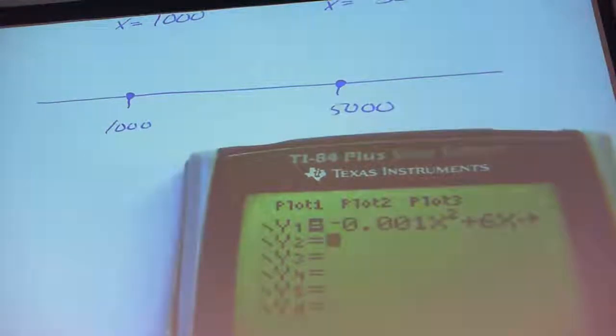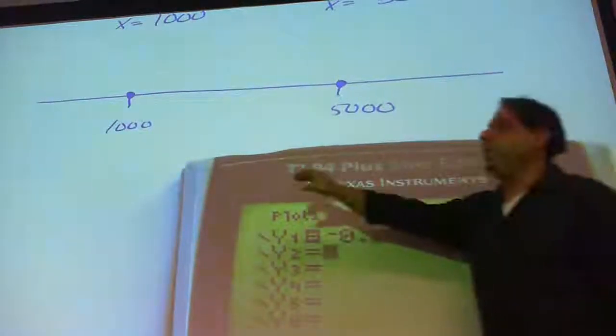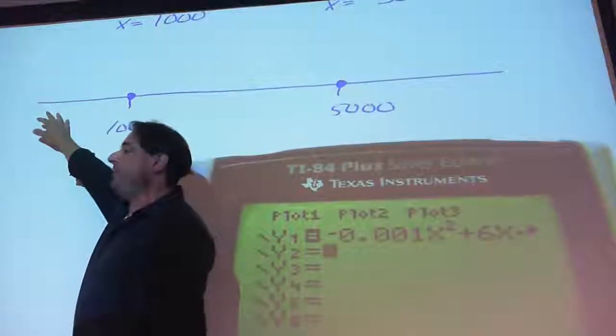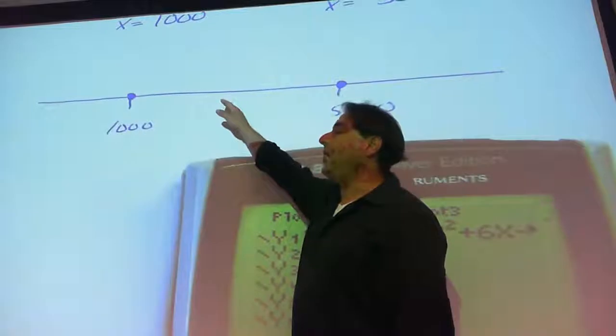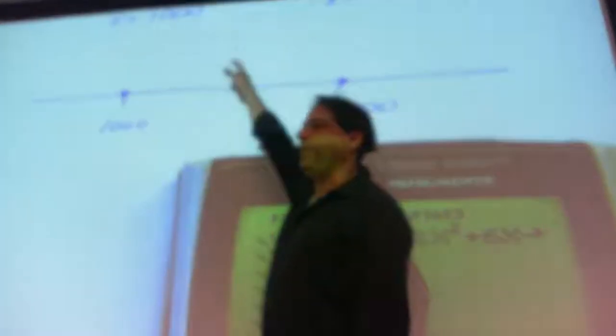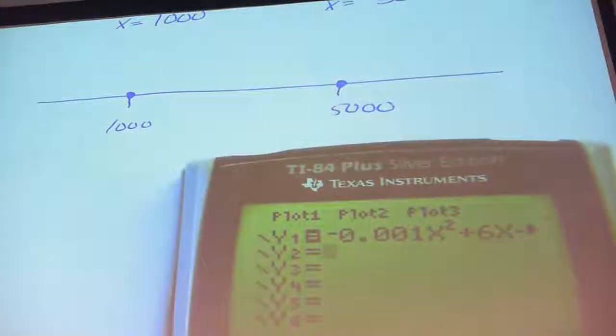Now, you're going to do this on your own. What you're going to do is you're going to take that, go to your table feature, plug in a number less than 1,000. Tell me if you get a positive or negative. Plug in a number between 1,000 and 5,000. Tell me if you get a positive or negative. And plug in a number after 5,000 and tell me if you get a positive or negative.